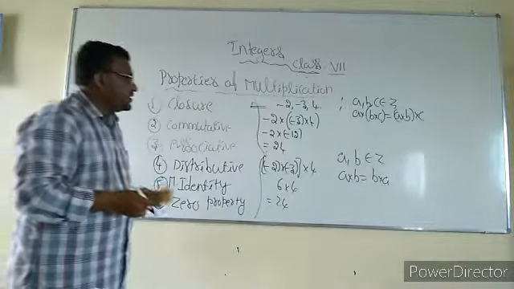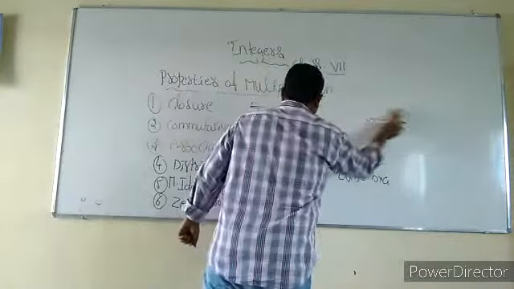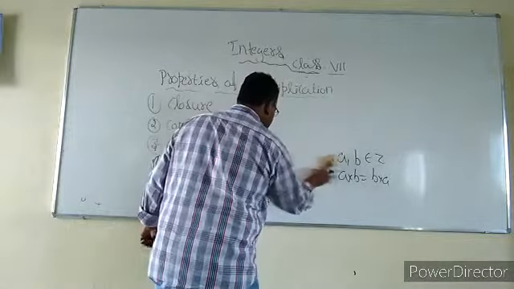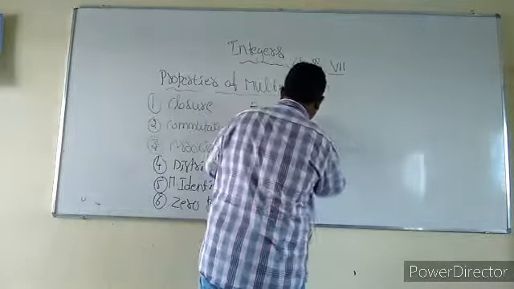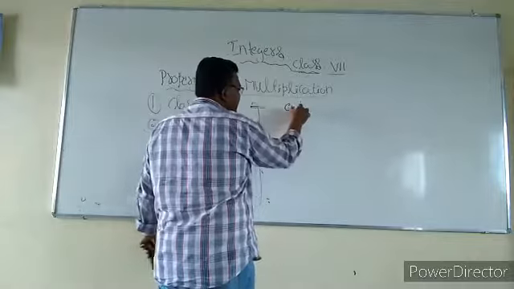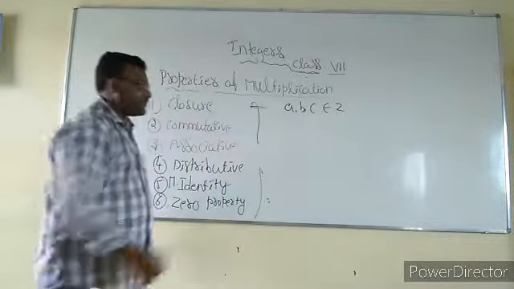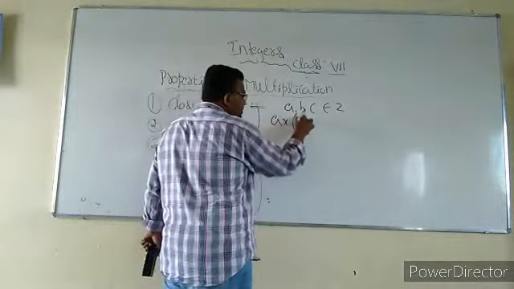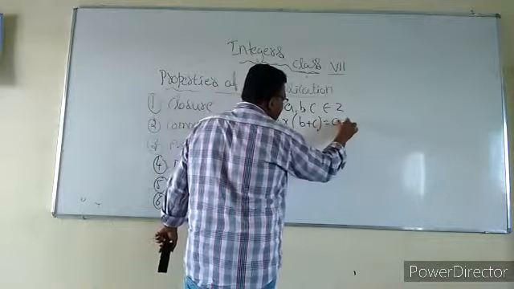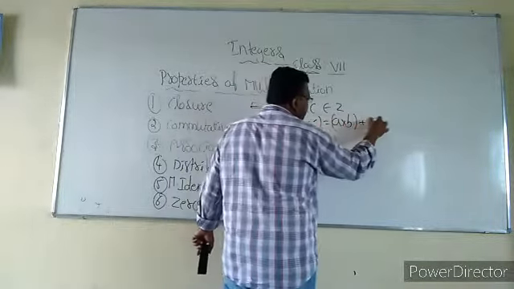And the next, distributive property. If a, b, c are any three integers, a into (b plus c) is equal to a into b plus a into c.